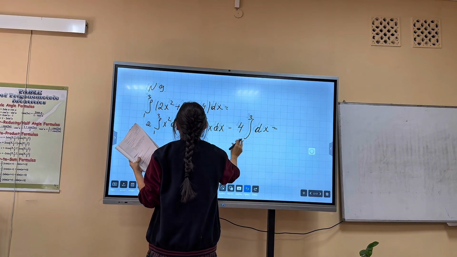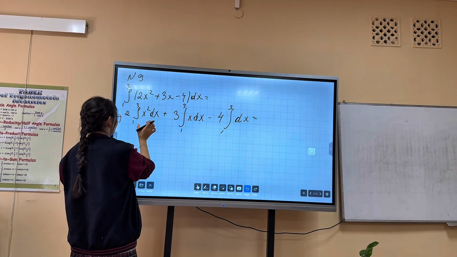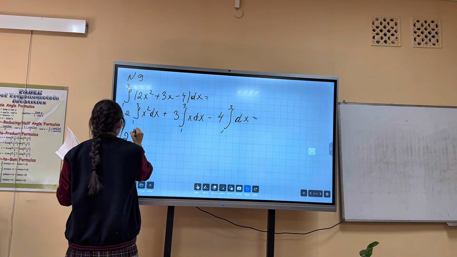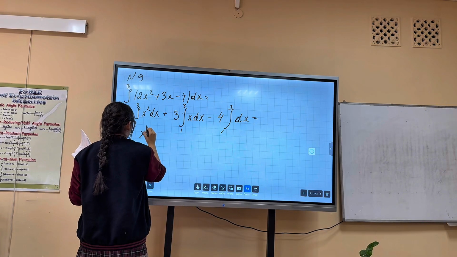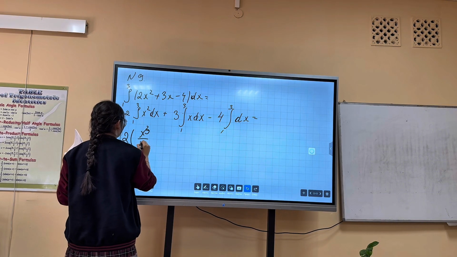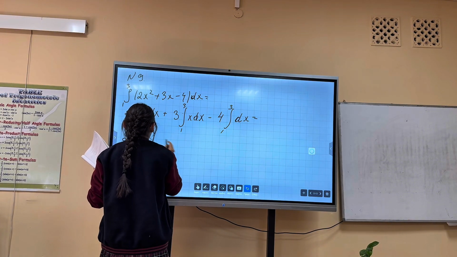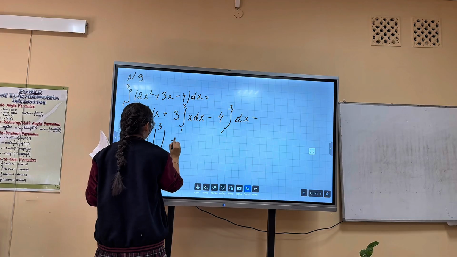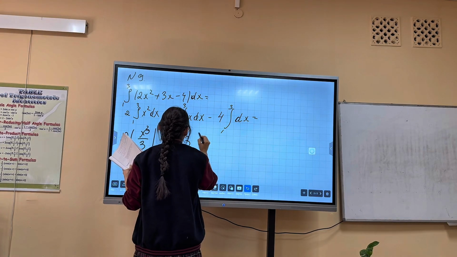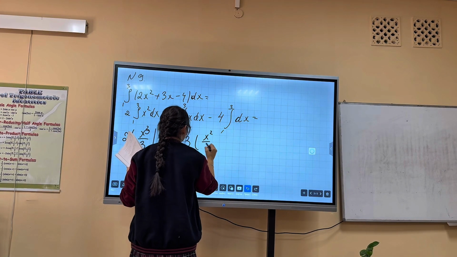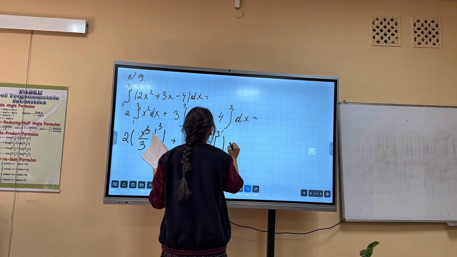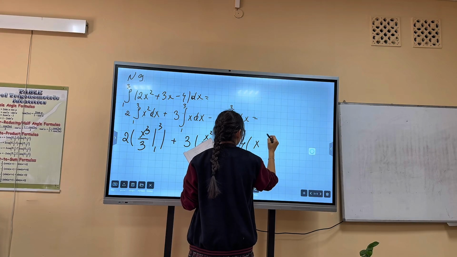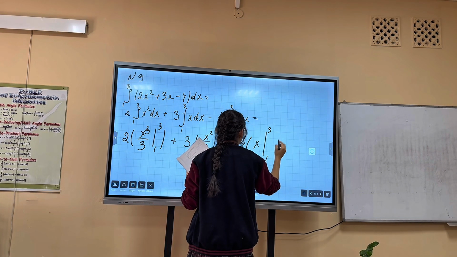Then we need to find the antiderivatives. We have 2 times x cubed divided by 3 with the limits of 3 and 1, then plus 3 times x squared divided by 2 with the limits of 3 and 1 also, and then minus 4 times x with the limits of 3 and 1.